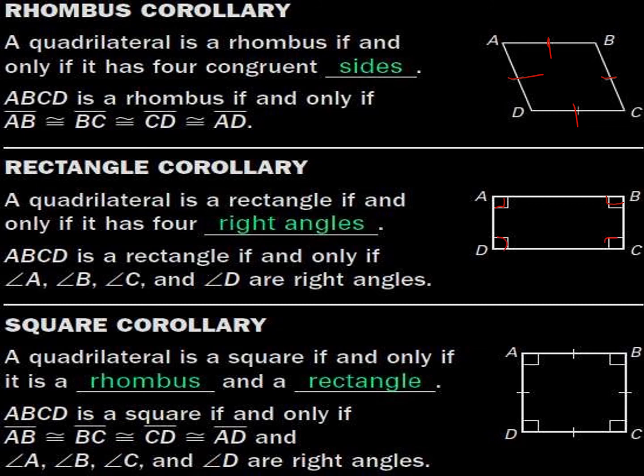And a quadrilateral is a square if and only if it is a rhombus and a rectangle. That means all the four sides are equal, the lengths of the diagonals are equal, the diagonals bisect each other at right angles, and all the angles are 90 degrees.